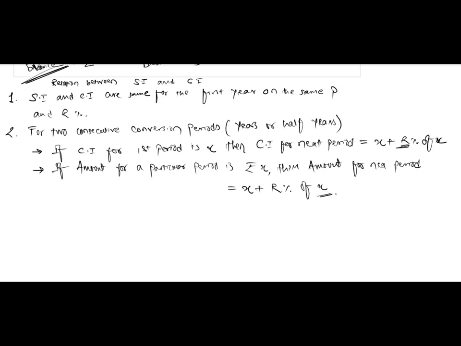If you know the amount for the fourth year, let's say, you can find the amount for the fifth year. Just add the amount of the fourth year plus R% of the amount of the fourth year to it, and you get the amount of the fifth year. In this way, you can directly find the compound interest and amount for consecutive years.